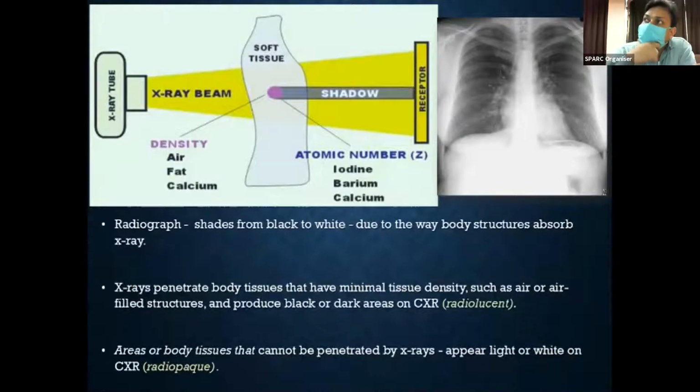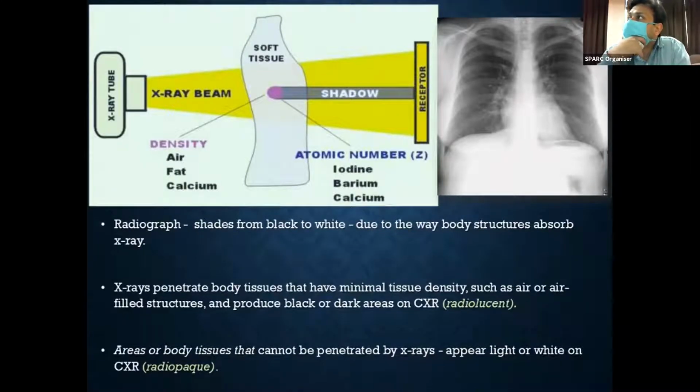So now I'll be going into the talk. What is a chest X-ray? Basically, in chest X-ray, we put the patient between an X-ray tube and a receptor or the cassette, and we expose the patient with the X-ray beam. The X-ray beam passes through the body, and depending on the attenuation of the X-rays, a shadow is produced.